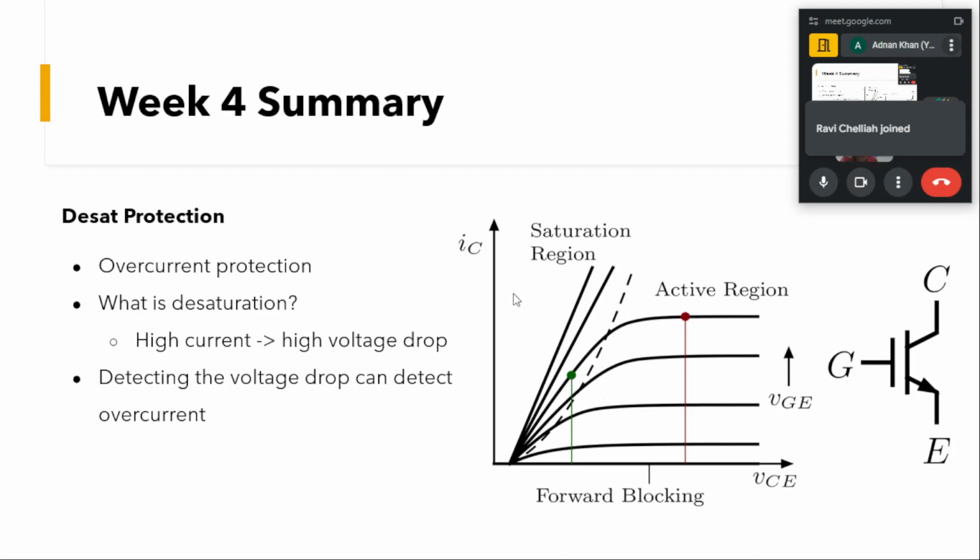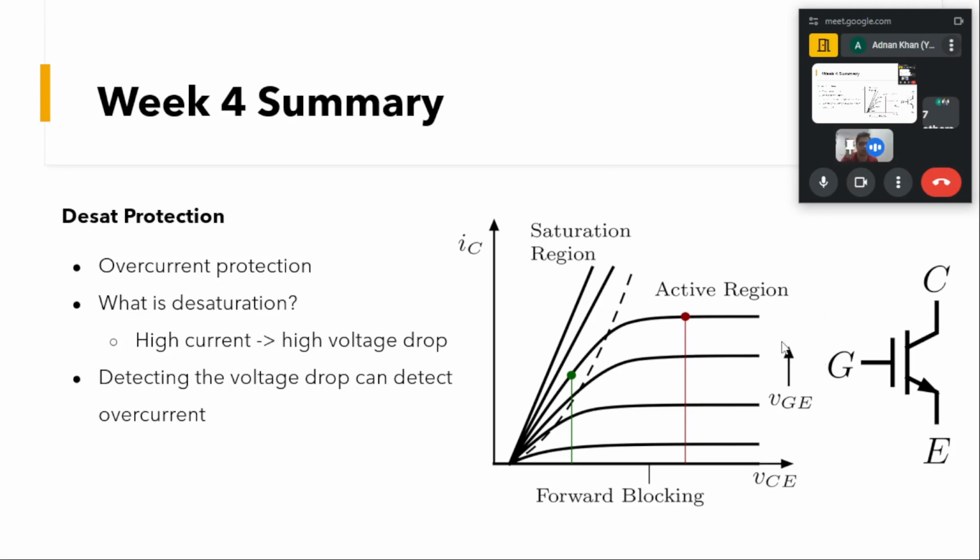You can see that our operating point has shifted from the saturation region to the active region, and in this active region there will be a very high voltage drop that can damage our device. Shifting from the saturation region, that means DSAT, is where its name comes from, DSAT protection.